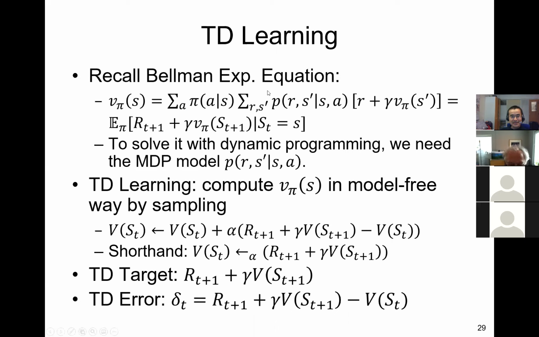Here the two sums are replaced by sampling. That is, capital R is the random variable we're sampling from, plus gamma times capital V, the random variable of the next state value function. And that's our target.